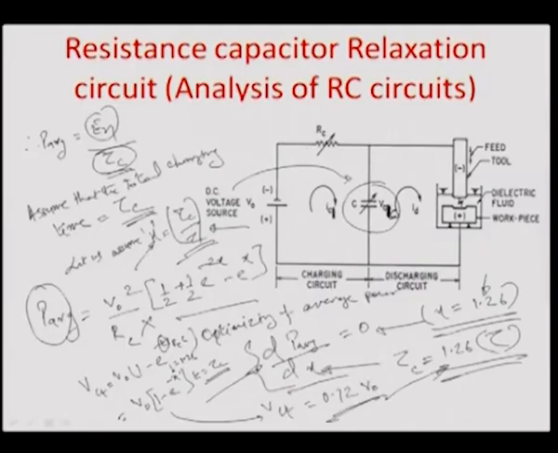Okay. 0.72 is 1 minus e to the power of minus 1.26. Okay. In other words, it means that the total amount of charge of the capacitor in time is actually 72% of the source voltage.